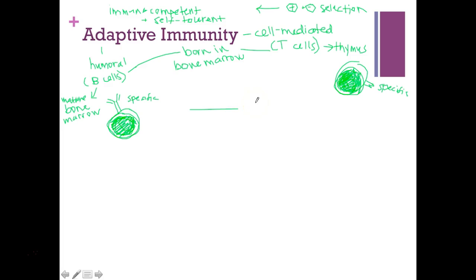Okay. Now what's going to happen next? Our B and T cells that have specific receptors, let's say they run into that specific pathogen, and then they're going to find an antigen to bind to.